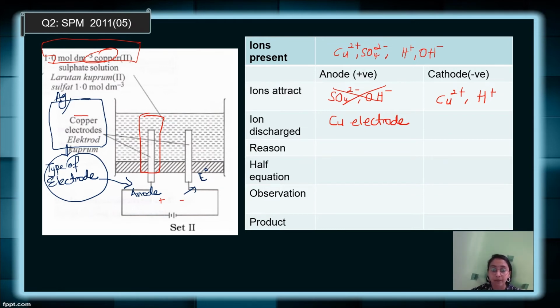When it comes to the cathode, as I told you just now, you choose based on E-naught values. So please choose the more positive E-naught value. If you compare the E-naught values of copper(II) and hydrogen ions, the copper(II) ion's value is higher, so we choose copper(II) ions to be selectively discharged. The reason here: active electrode, so we use type of electrode.